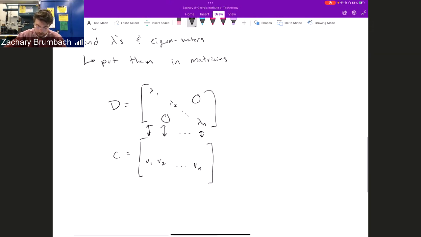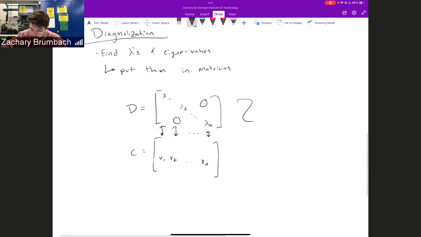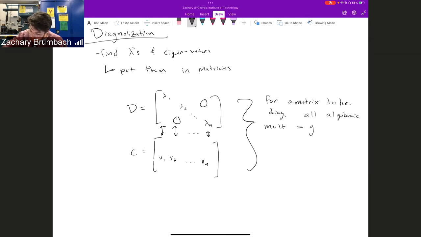So this whole thing boils down to: for a matrix to be diagonalizable, all algebraic multiplicities must be equal to the geometric multiplicity of that eigenspace.